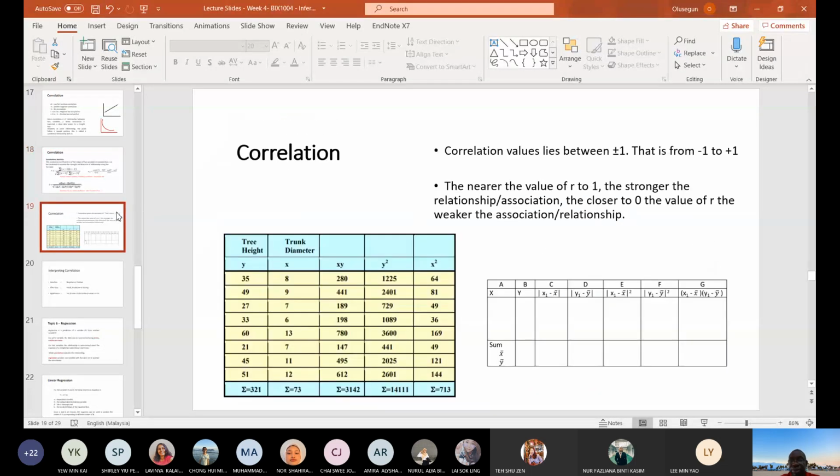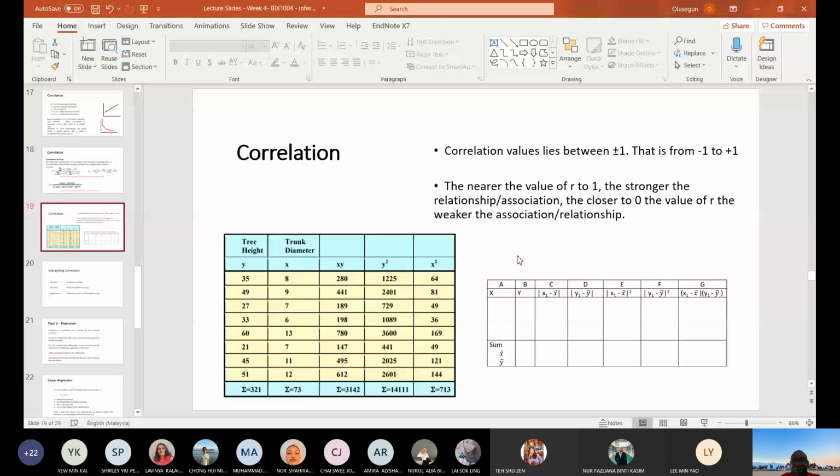So let's look at this table. I've said correlation lies between plus or minus 1. The nearer the value of the correlation to 1, the stronger the relationship. What do I mean by this? If you have a value of, let's say, 0.6 to 0.9 something, that is moving closer to 1.